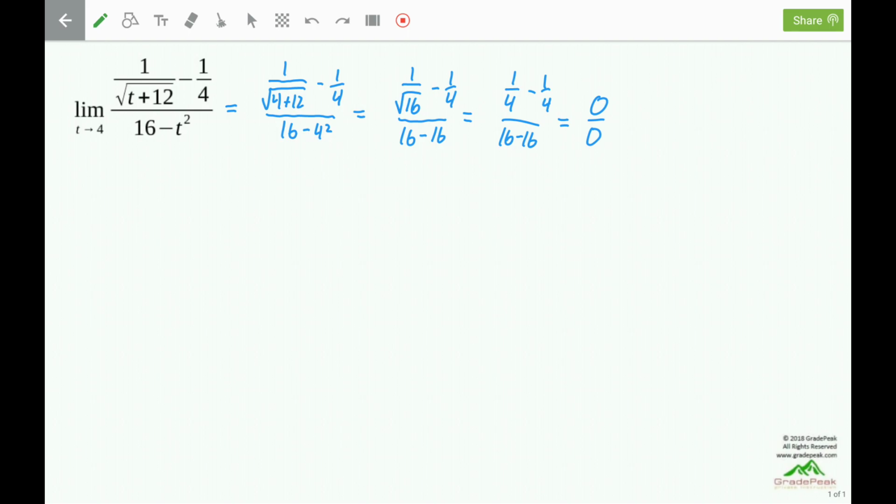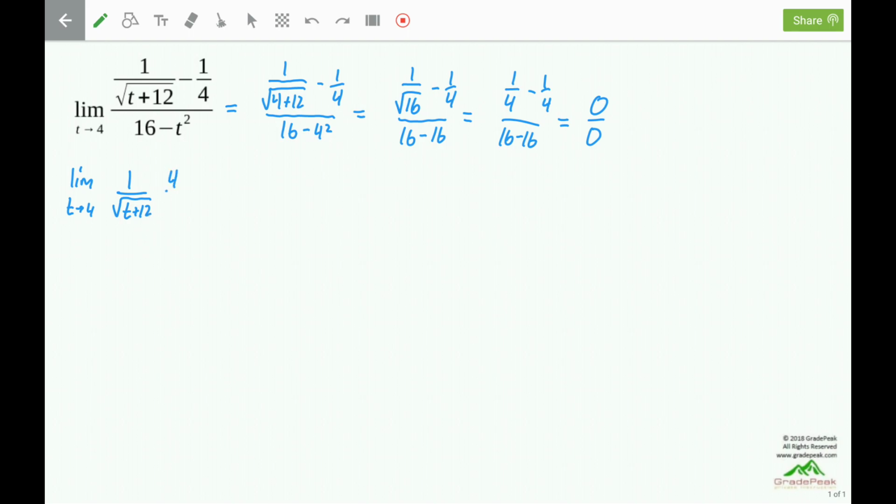Since we have a fraction involving t in some way, together with at least one other fraction, we can try the common denominator method. So we're going to produce the common denominator between those terms, and the common denominator looks like it'll be the square root of t plus 12 times 4.